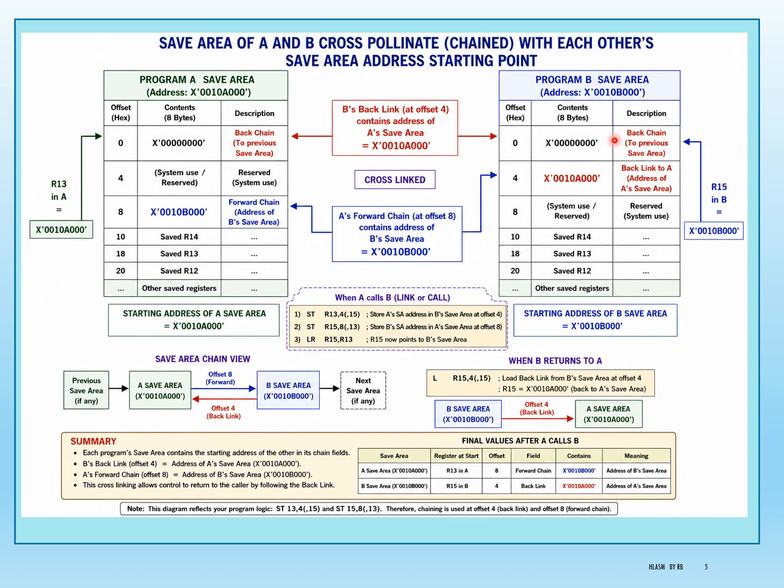Now I am saying, okay, register 13, you point to program B save area, because I want to use register 15. So if program B calls program C, at that time program B save area is pointed to by register 13. No more register 15, and register 15 we will reuse for different purposes.